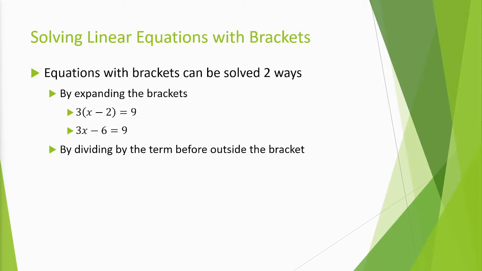And the same equation, our 3 outside of x minus 2 equals 9, we can divide both sides by 3 and then simplify that down to x minus 2 equals 3.